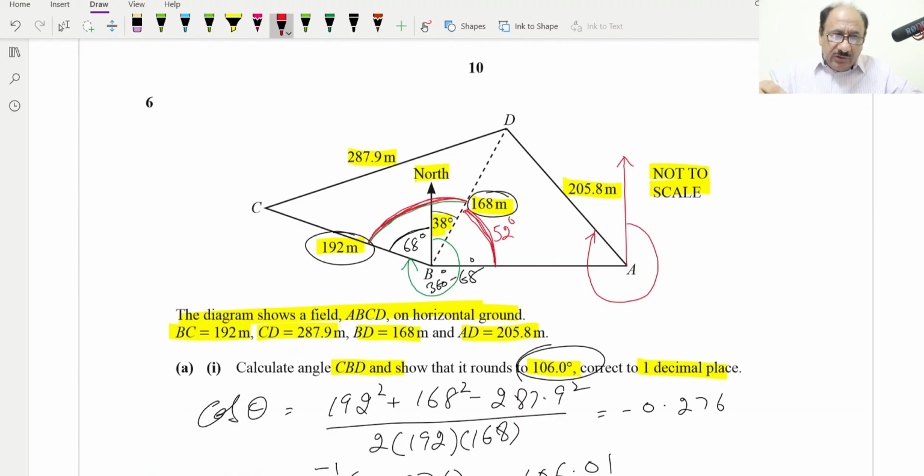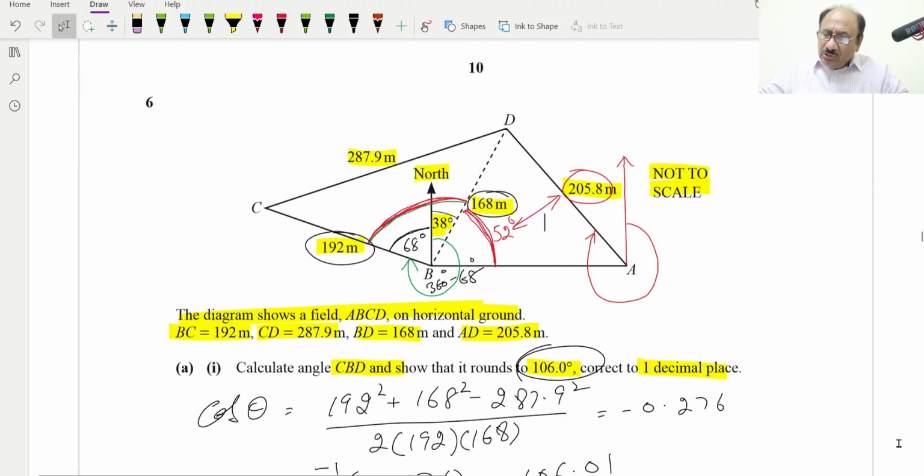After this we can reach the other angle also. So we can apply the sine rule. Sine rule is this side divided by sine of this angle.